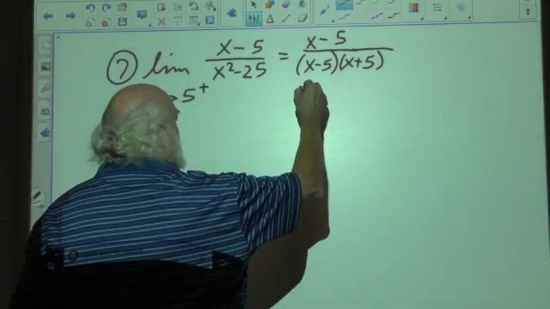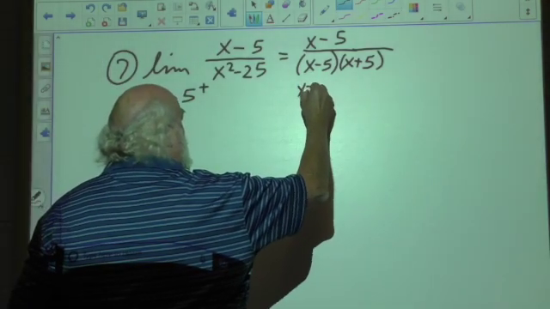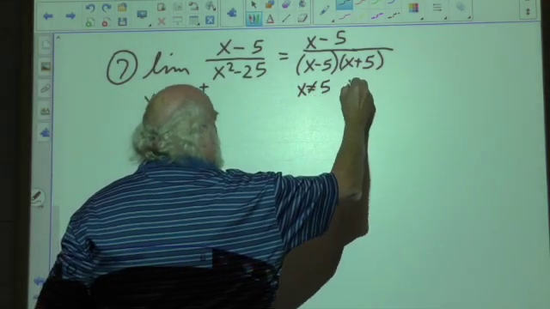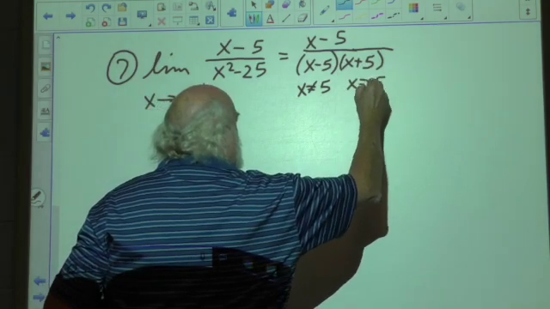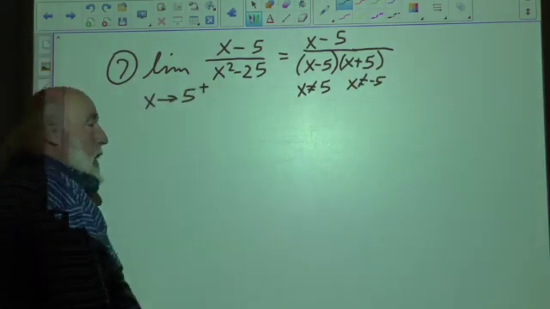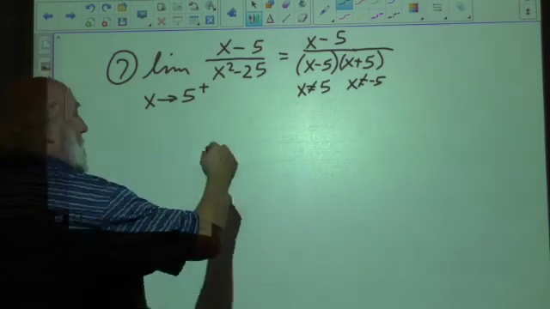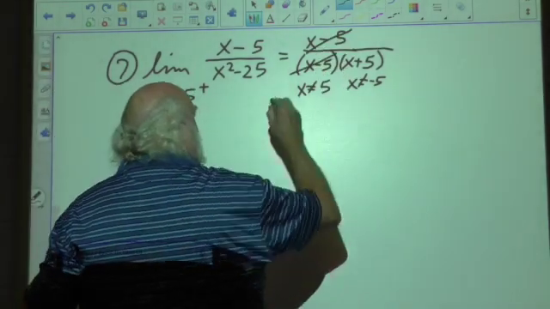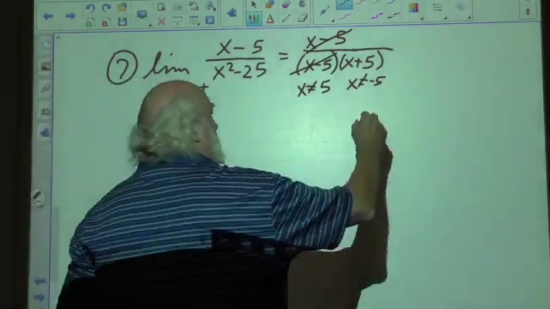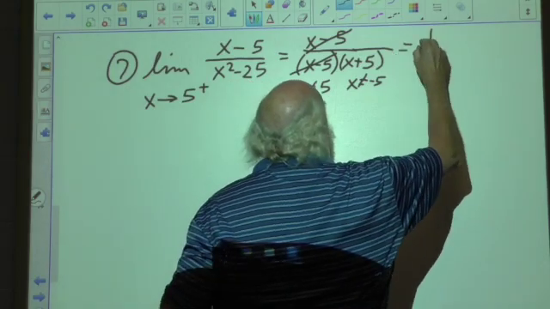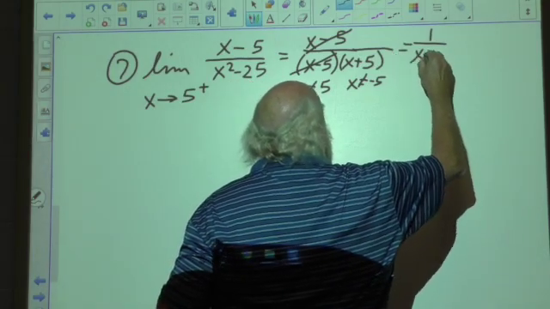That means then that x cannot equal 5 and x cannot equal negative 5. However, because we have a factor here that can cancel out, this is going to leave us 1 over x plus 5.